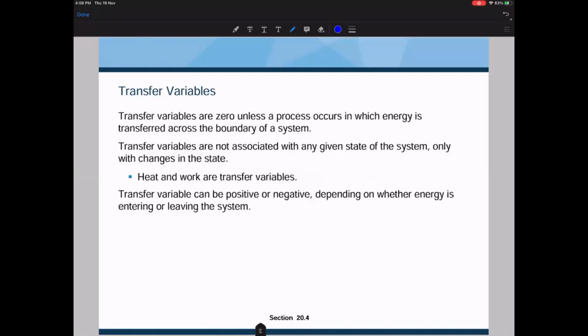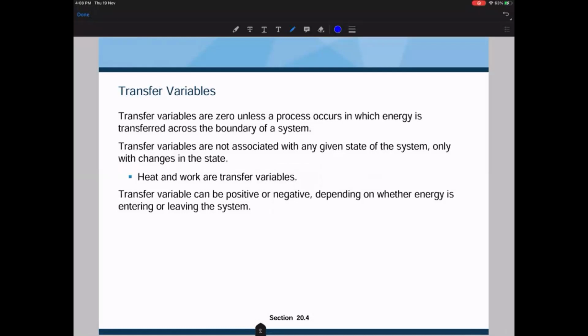Transfer variables do not exist, or you could regard them as zero, unless you have an energy transfer process that takes place across the boundary of the system. Think about heat. Heat refers to the energy transfer from the high temperature location to the low temperature location.